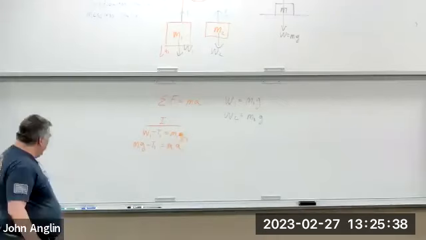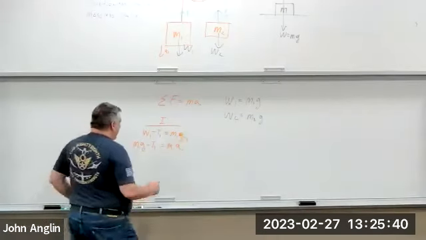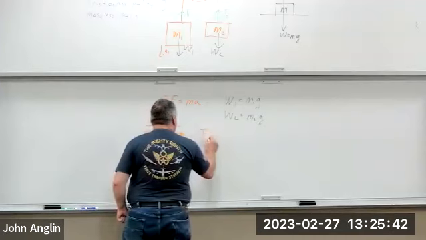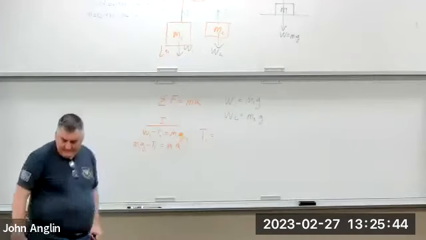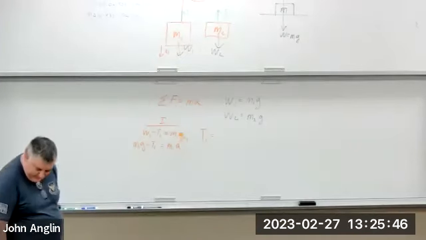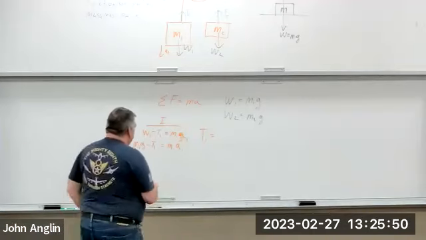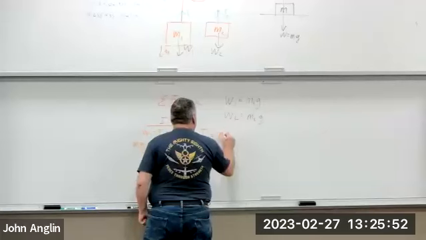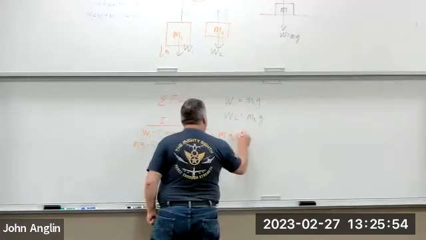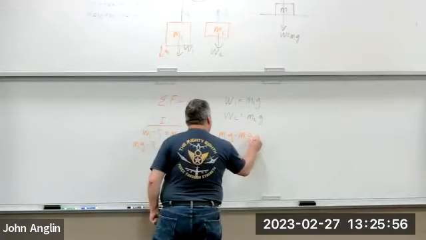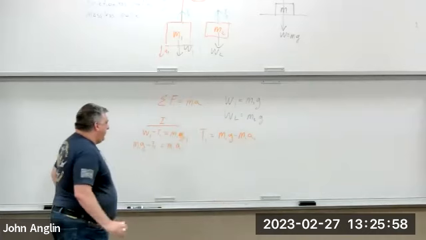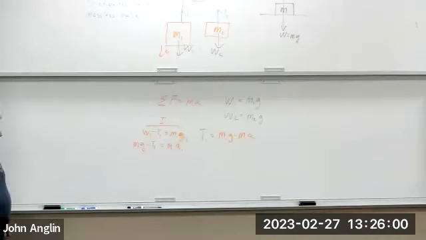So that means if we solve for tension, which is really what we want, what we're going to end up with is something that looks like M1G minus M1A1.